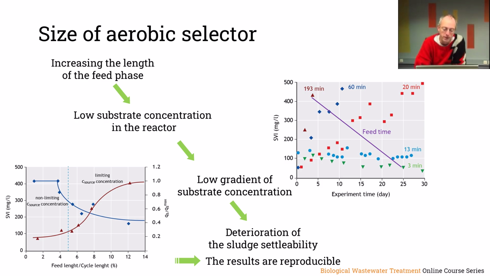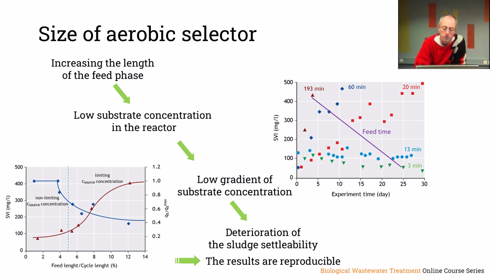You see that if you increase that feed length period, which is the same as, say, increasing a selector, which is upfront a completely mixed tank, you will see that initially there's not much effect on the volume index, but if you go, say, from 8 to 12% of the volume of the feed length, you will see a rapid increase in the sludge volume index.